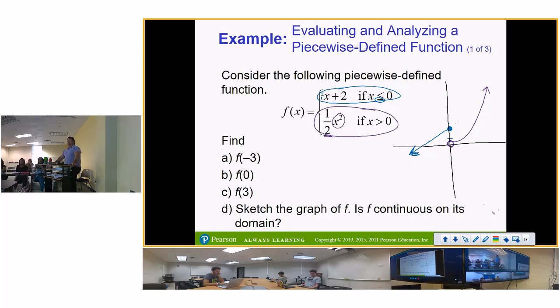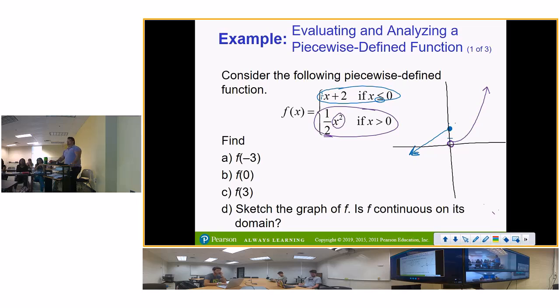So I'm going to plug the negative 3 into the blue function. Now, if this was a good graph, and this is where your table comes in on your calculator, you can go to the table and go to negative 3, and it'll pop up what? Negative 3 plus 2 is what?